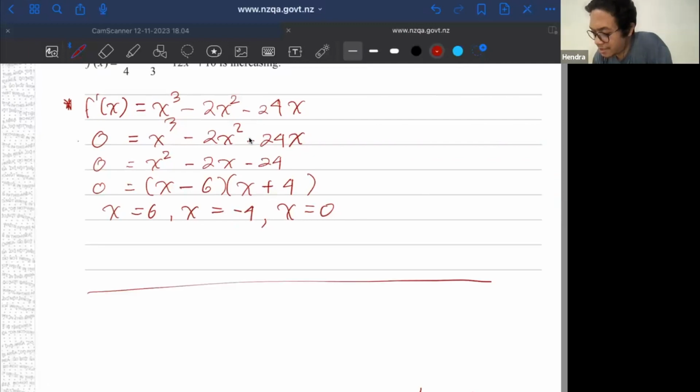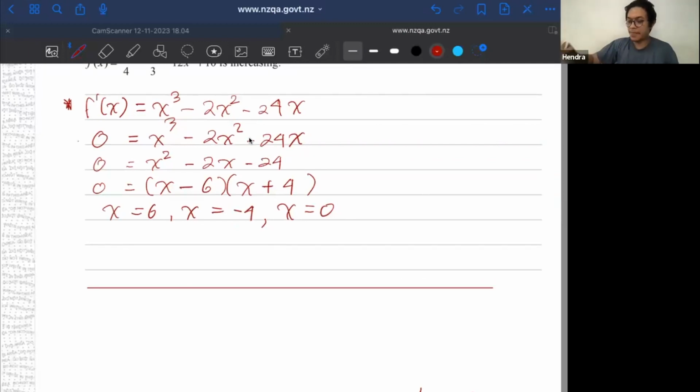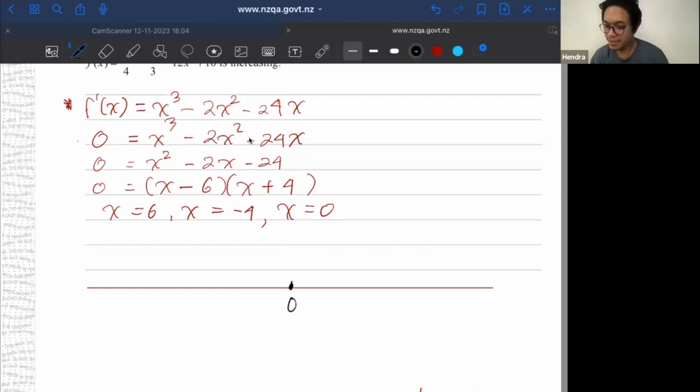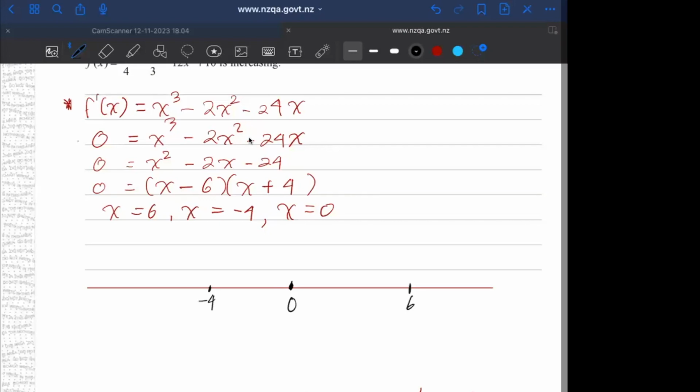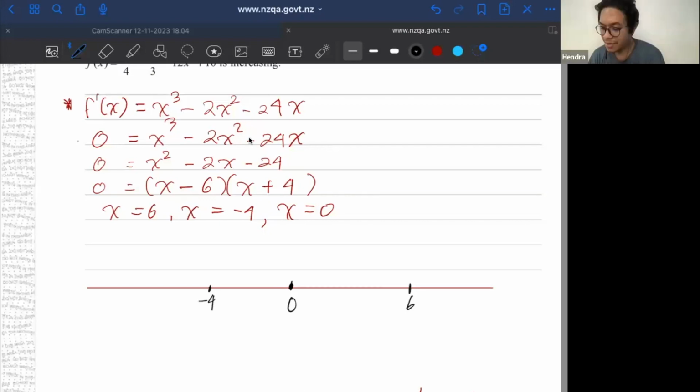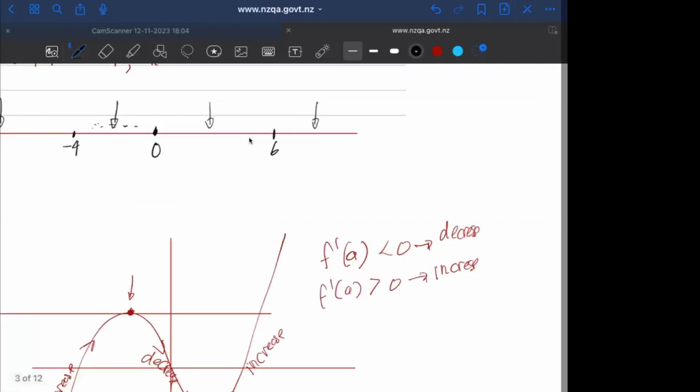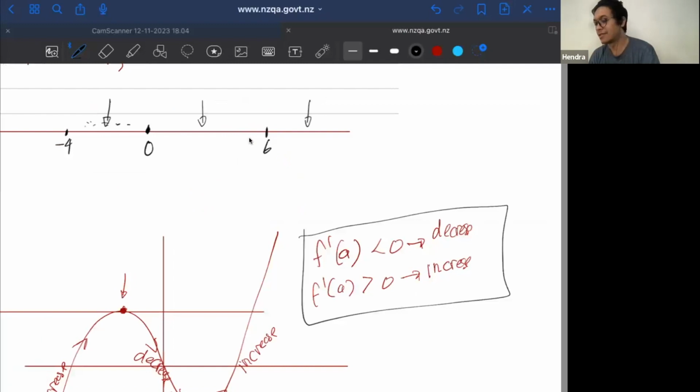We make a number line. Let's say the 0 is here, and obviously negative 4 and somewhere 6. Now you need to check a number in each region here, to define whether the function increases or decreases.